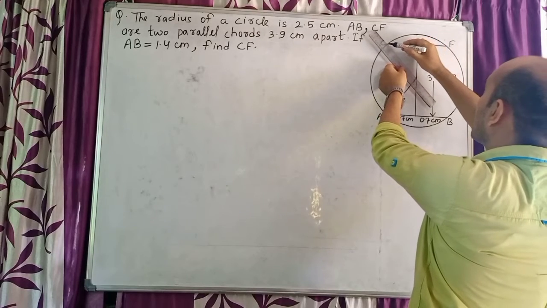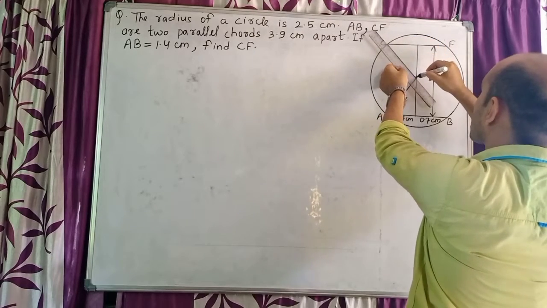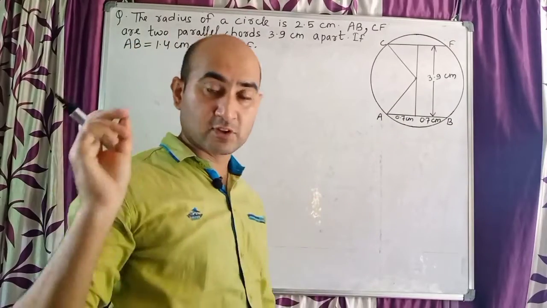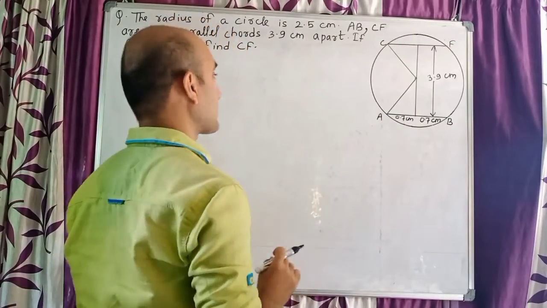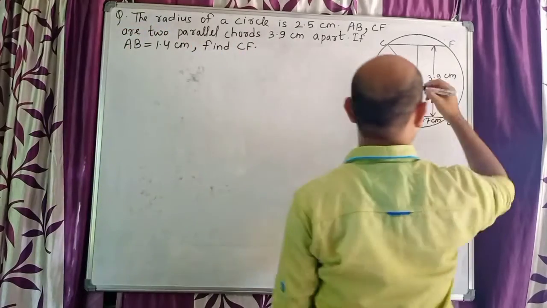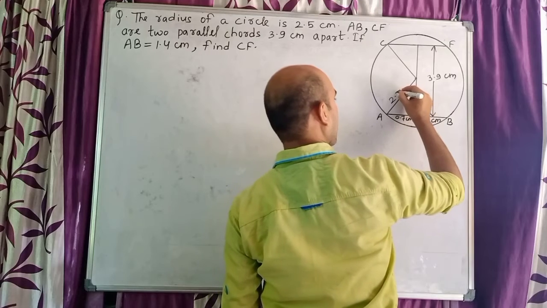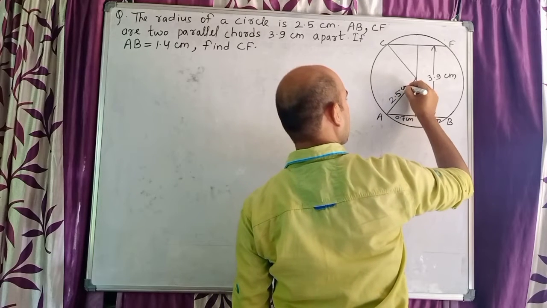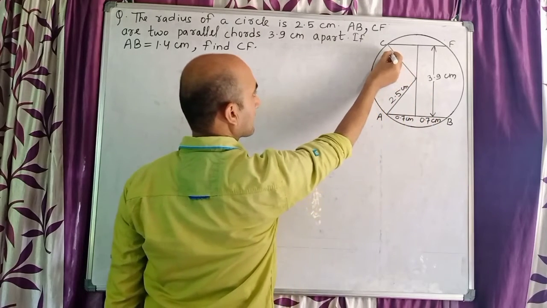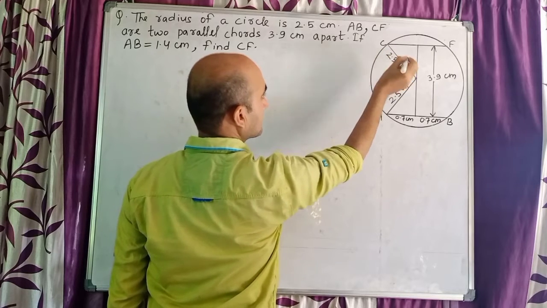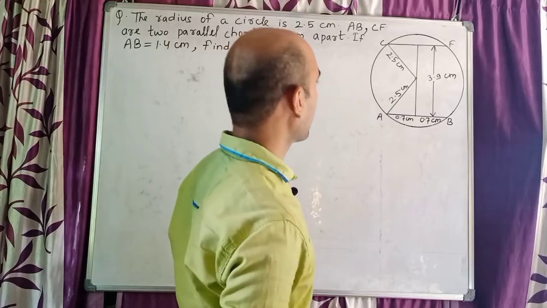So we will draw the radius two times, and you know for the same circle you draw the radius 2 times or 3 times or 10 times, the value will be the same, and its value is 2.5. So here I will write 2.5 centimeter, and here also I will write 2.5 centimeter, because both are equal.